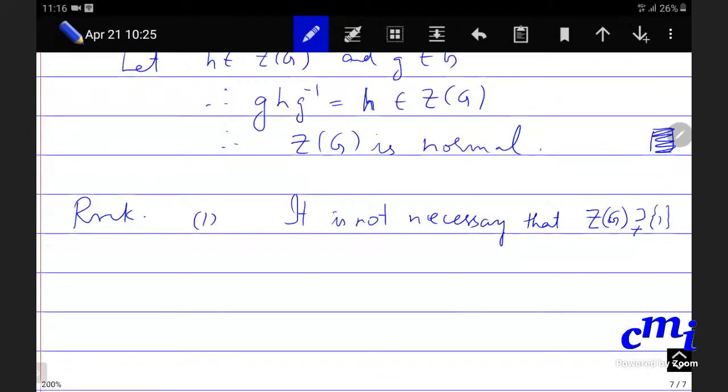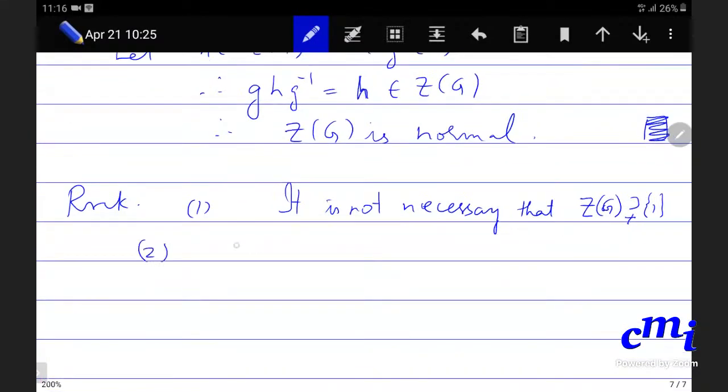And two, G is abelian if and only if the center of G is G. Every element commutes with every other element. So for non-abelian groups, this might yield us some information.